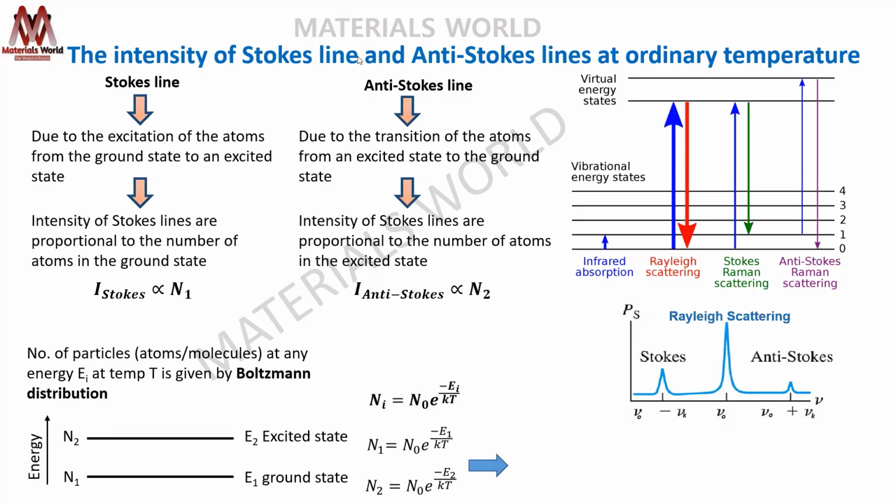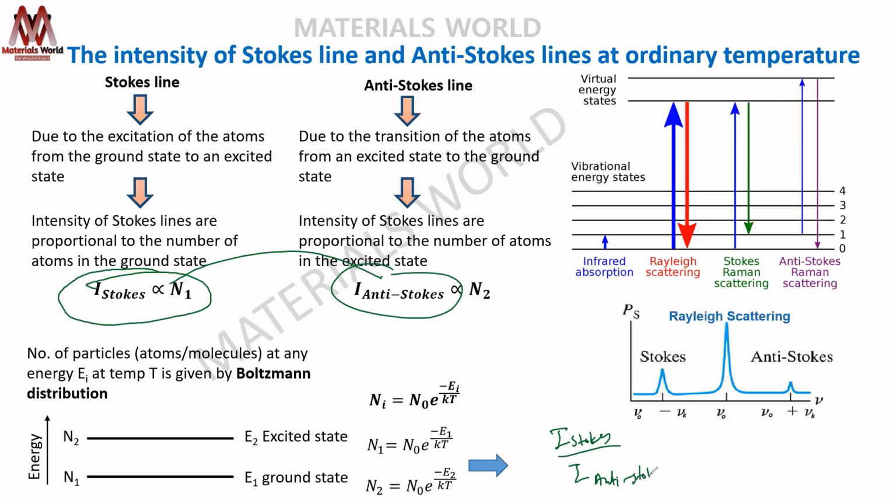Now I think you might have understood what the ratio of Stokes to anti-Stokes is. So I Stokes by I anti-Stokes is nothing but N1 by N2. How? Here I can write I Stokes equals K N1, and here I anti-Stokes equals K N2. I can divide, and K will be cancelled out.